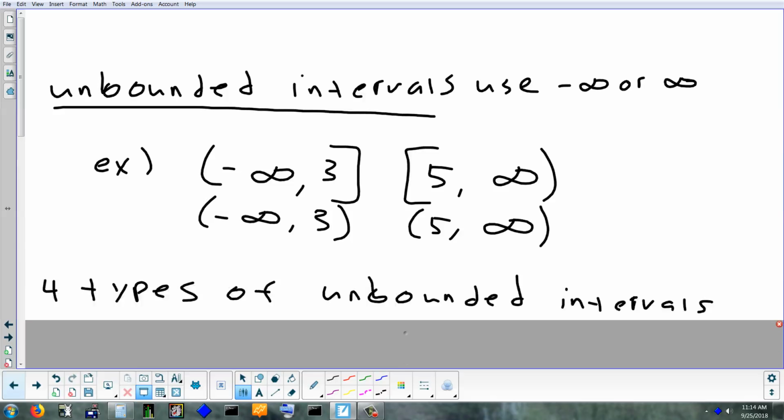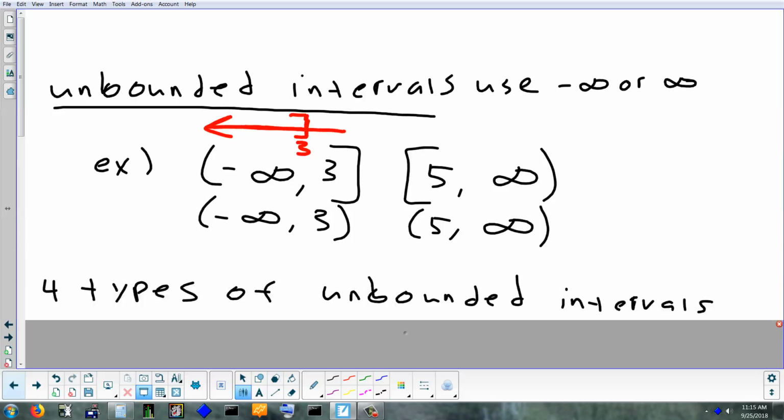So there's 4 different types. And the difference when you graph one of these, like I'll just graph the top one, they have arrows. So when you graph these intervals, these are not like a between. This is like x is less than or equal to 3.